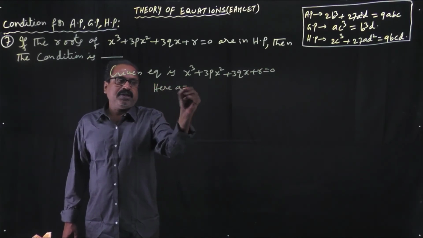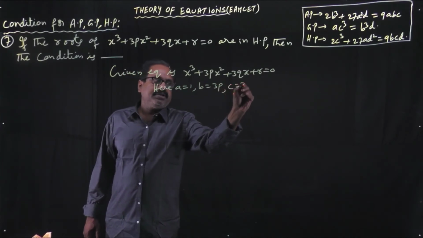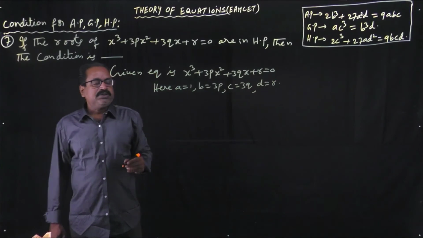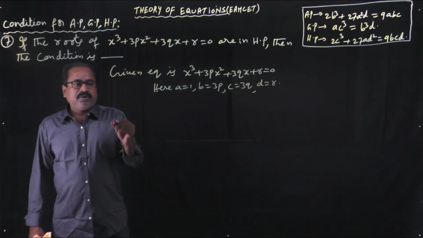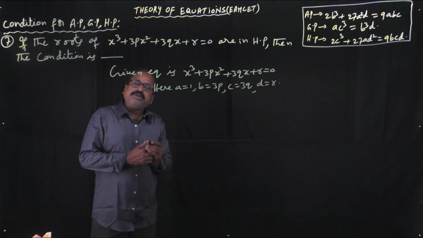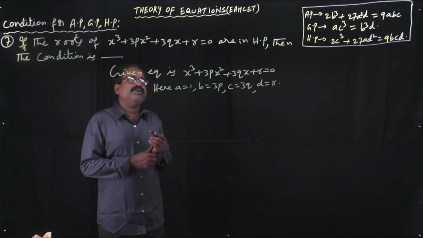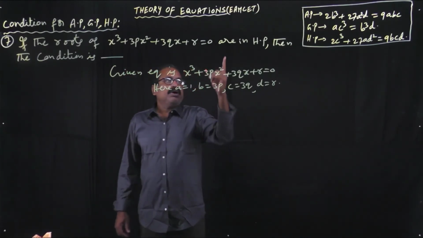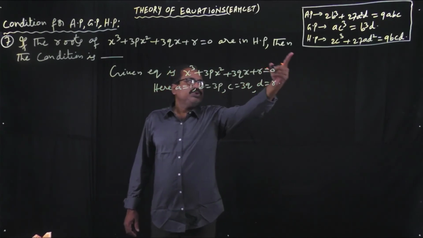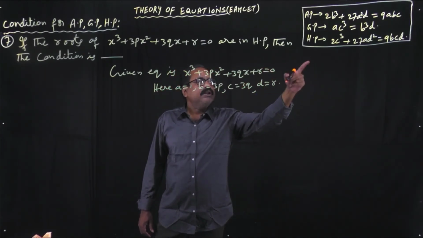Here small a is equal to 1, b is equal to 3p, c is equal to 3q and d is equal to small r. We know that if the roots of ax cube plus bx square plus cx plus d is equal to 0 are in harmonic progression, then the condition is 2c cube plus 27 ad square is equal to 9 bcd.